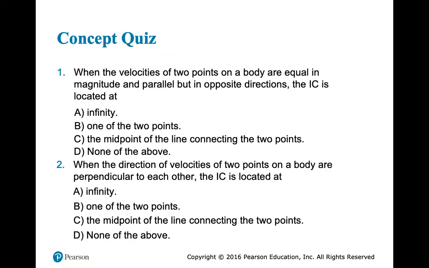When the velocities of 2 points on a body are equal in magnitude and parallel but opposite in direction, the instantaneous center is located at... think about that.